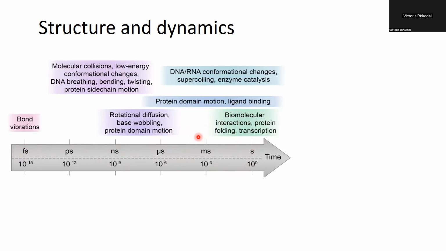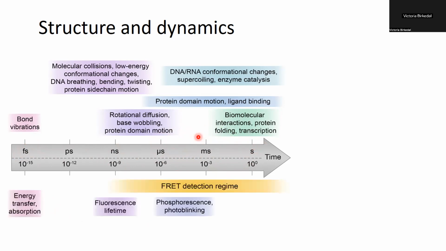The fluorescence lifetime is in the nanosecond range. We can have pulsed lasers with picosecond or femtosecond pulses, so we can probe. And when we're thinking structure and distance change, we can use this FRET method that looks at distance change, which we can then resolve in time.